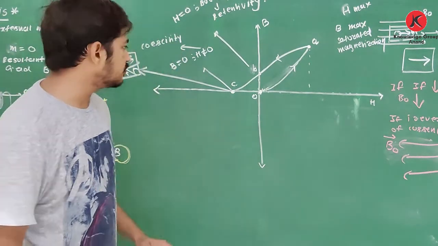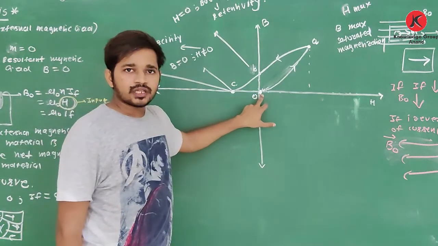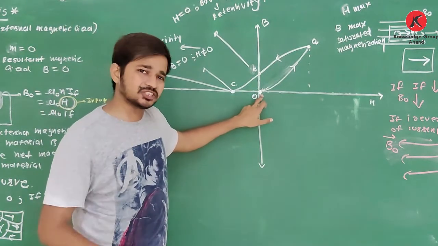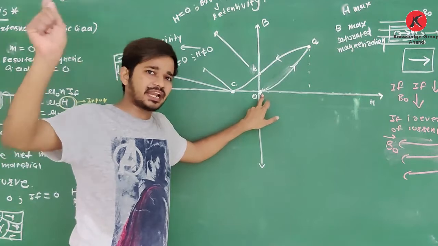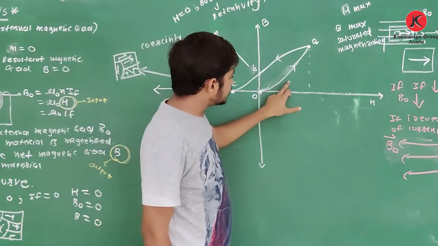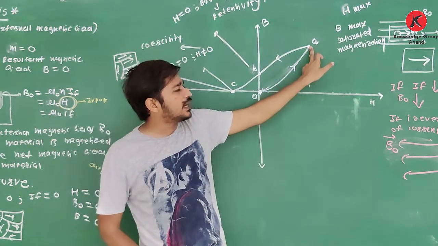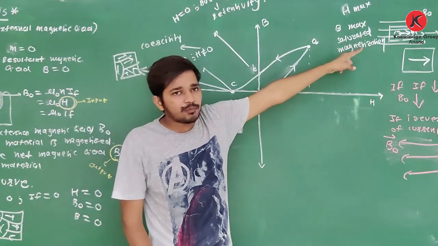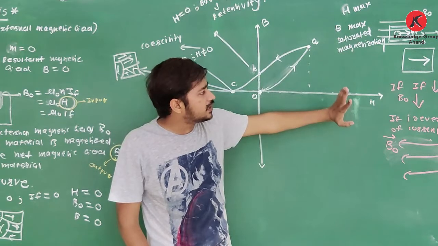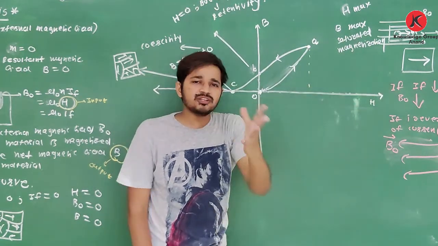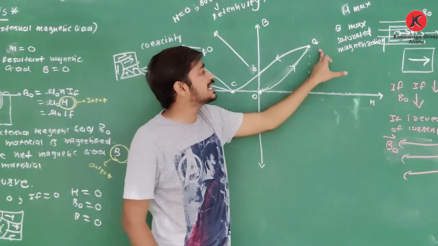So again, we will repeat this. At point O, it is an unmagnetized domain structure in random directions. As H increases, B increases. At point A, the magnetic field becomes maximum. The magnetic moments are in the direction of the external magnetic field. We will have only one domain, which means we can say the ferromagnetic material is magnetized.